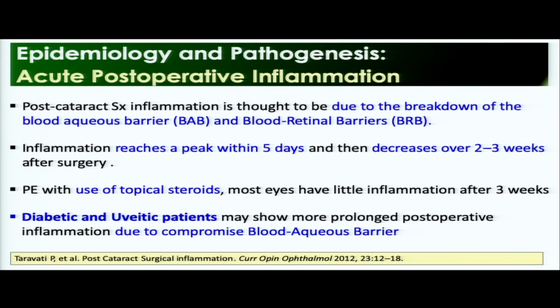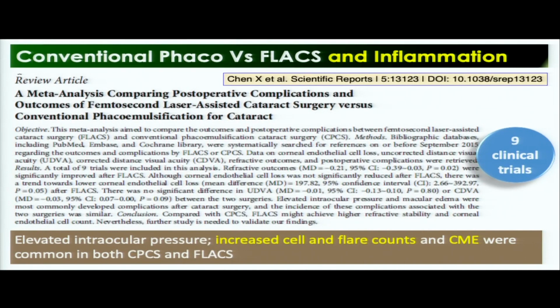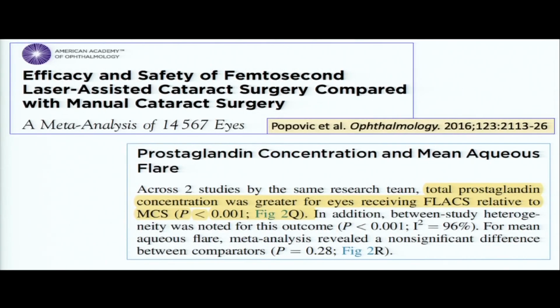So with topical steroid, we notice that in most eyes there is no inflammation by the 3rd week. Diabetic and uveitic patients have a more prolonged post-operative reaction because they have a compromised blood aqueous barrier. So conventional versus flax, there is evidence of increased inflammation, increased prostaglandin concentration, and mean aqueous flare is more than conventional.